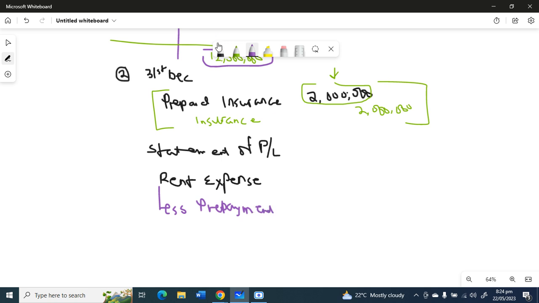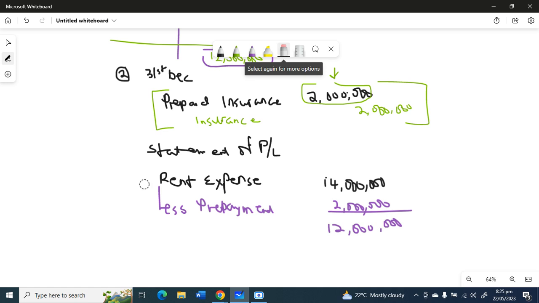The insurance expense here is 14 million. Then we deduct the prepaid insurance of 2 million. 14 minus 2 is 12 million. So this is the amount that should appear in the statement of profit or loss, 12 million for the insurance expense. I don't know why I said rent expense. Insurance expense.